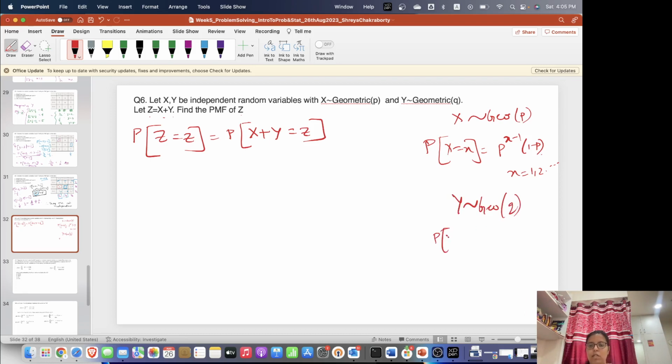This means probability y equal to y equals q to the power y minus 1 into 1 minus q, where y is 1, 2 and so on.